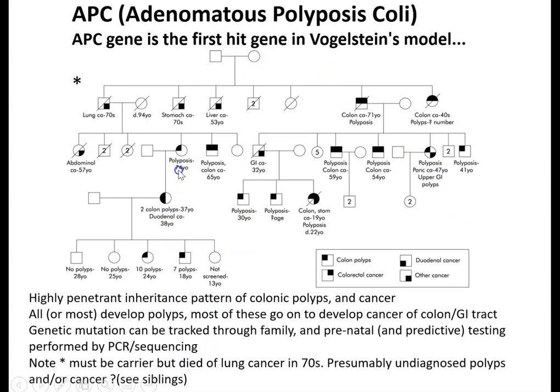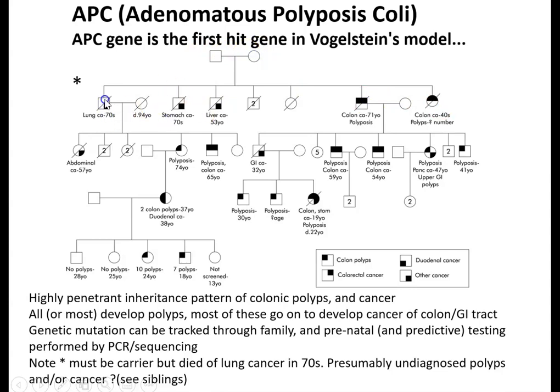And we can track back, and one of these 2 up here would have been the original source of the mutation. And we know that because multiple offspring from this couple have got stomach cancer, which is a feature of APC as well, colon cancer and colon cancer. So if you've got multiple individuals, then one of these will have had that as well.